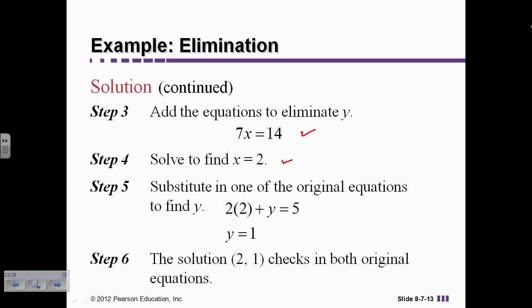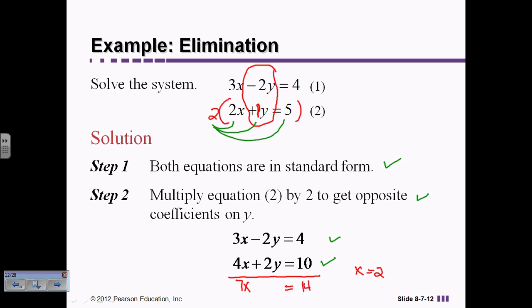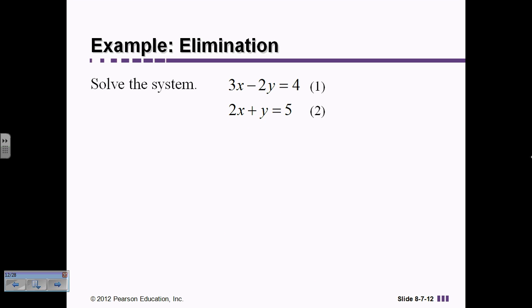Now what you're going to do is you're going to go back to the original problems. And it does not matter which problem you go back to. You can go back to the first one or the second one, whichever one you feel most comfortable with. And we're going to take that 2 that we just got for x, and we're going to substitute it back in.